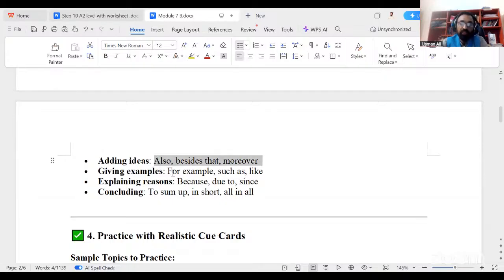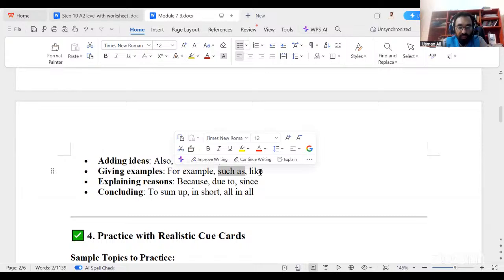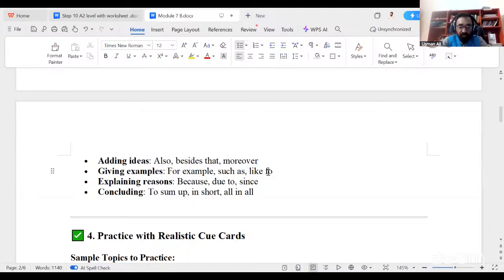For giving examples, you can use words like for example, such as, like, or for instance is another word. For instance, like that. Okay. I'm not sure about the spelling of instance. I think these are the spellings. Please see, you must verify the spellings.